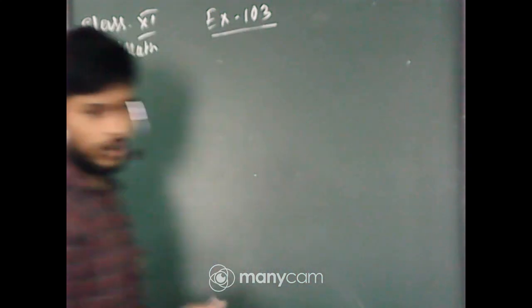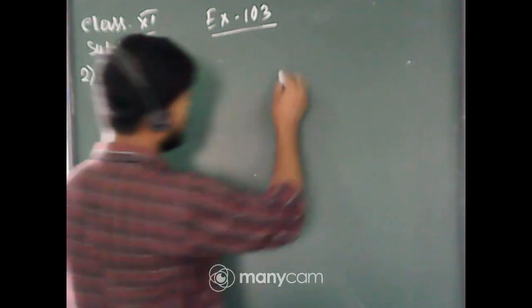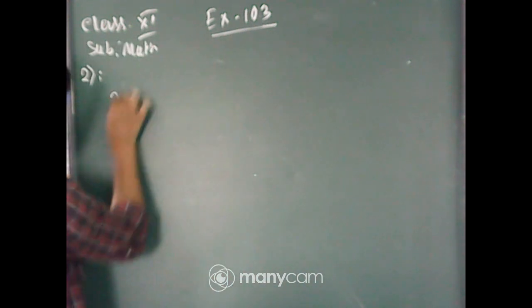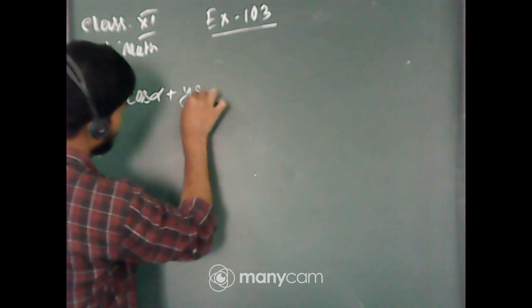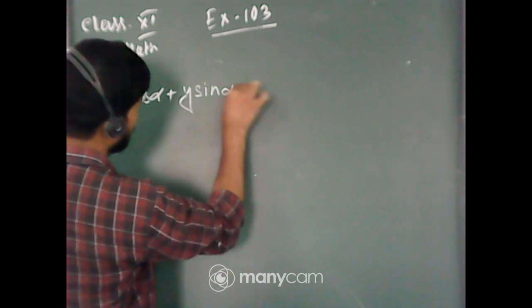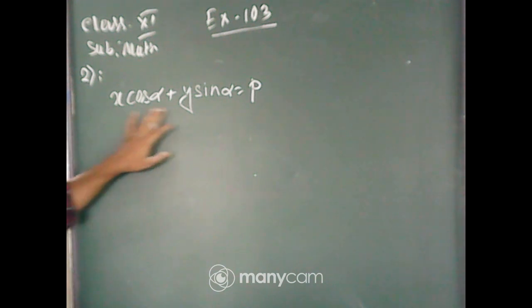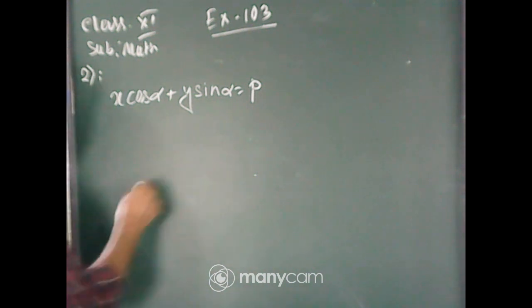Okay, the normal form of a straight line is, I'm writing it here, x cos alpha plus y sin alpha is equal to p.